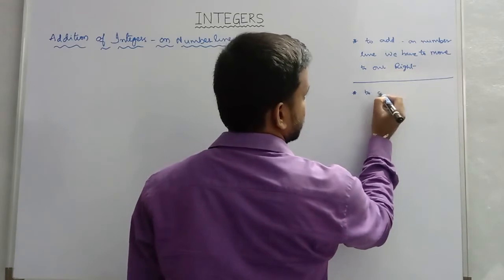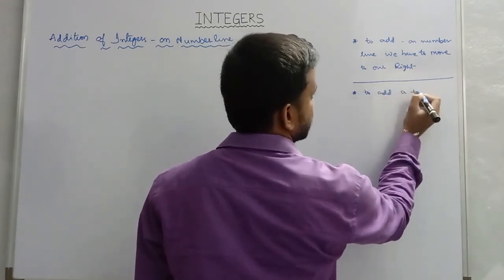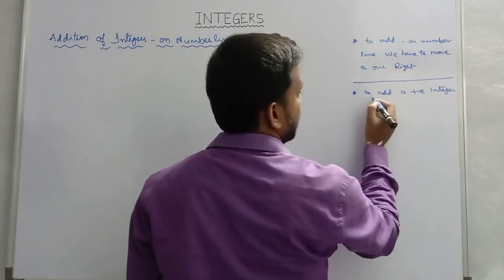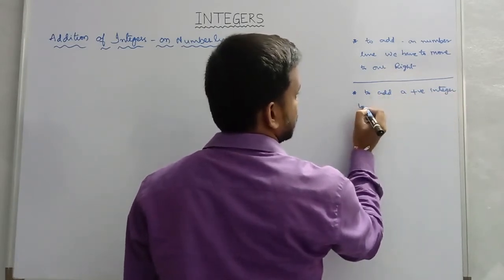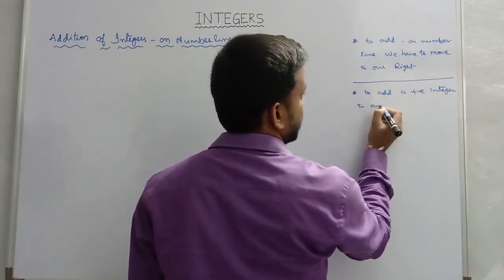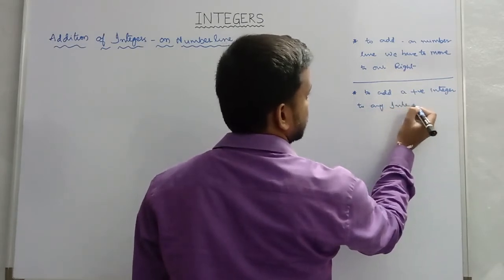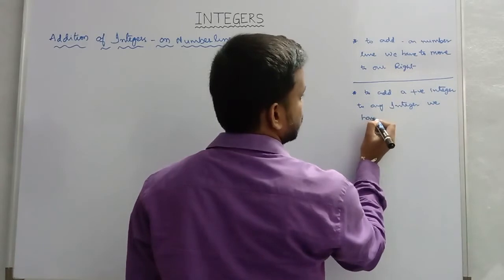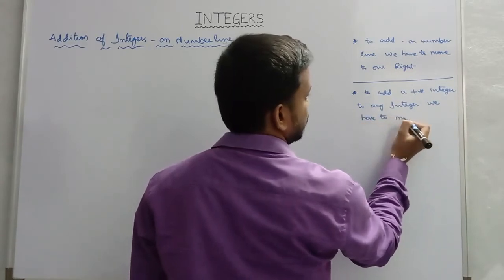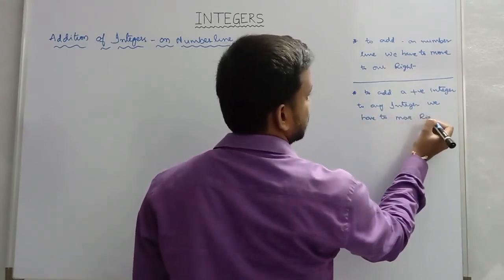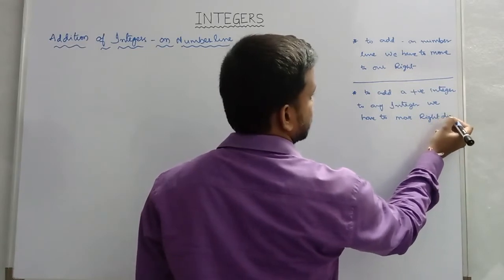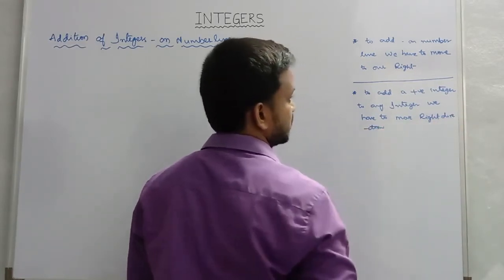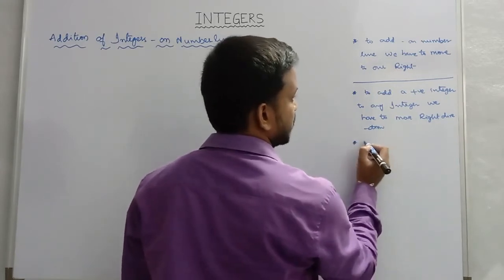To add a positive integer to any integer, we have to move right direction. And this is the second one.